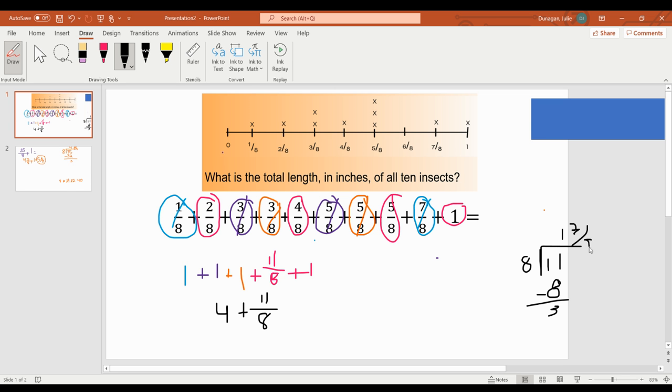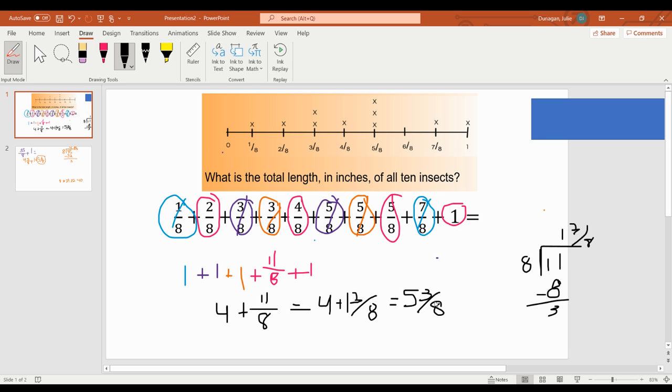And 8, we keep our denominator. Okay, so this then becomes 4 plus 1 and 3/8, which is the same as 4 plus 1, that equals 5, and our 3/8.